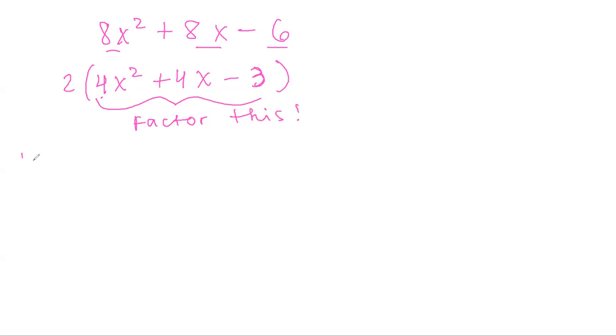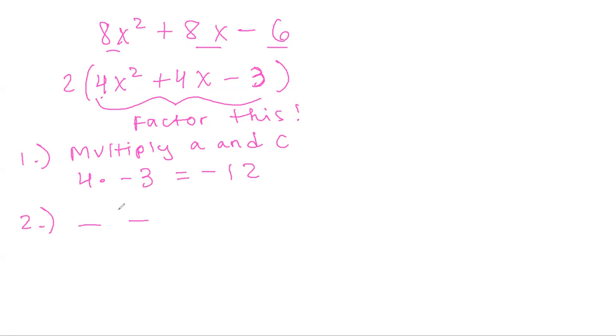What I'm going to do next is, again, multiply A and C. So my A and C values are 4 and negative 3, so I have negative 12. And now I'm looking at two numbers that add up to 4 and two numbers that multiply to negative 12. Looking at my pairs for 12, I have 1 and 12, 2 and 6, 3 and 4.